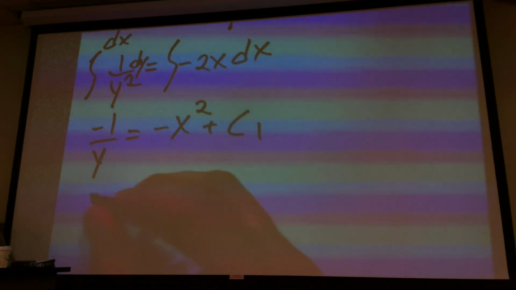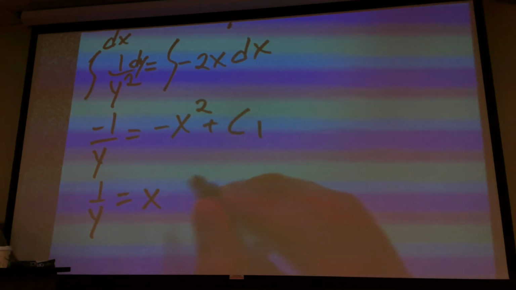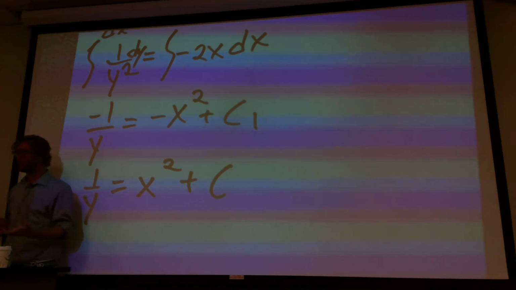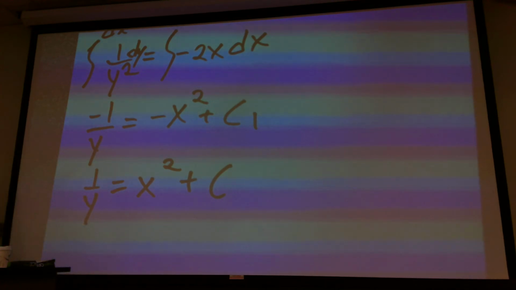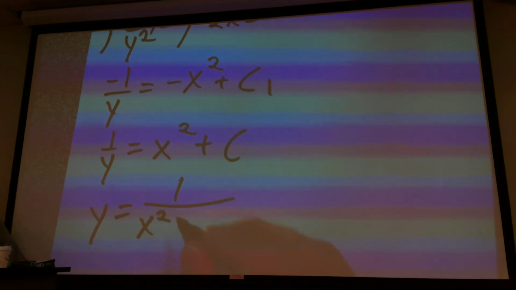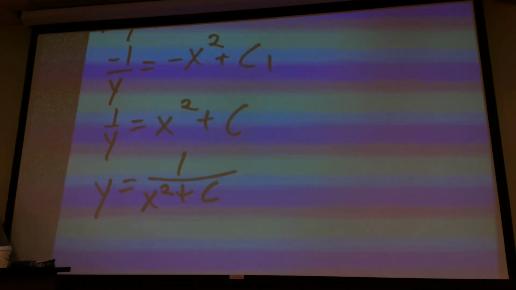So we have 1 divided by y is going to equal just x squared plus c. That's the only reason I wrote a C1 on there, because you could write negative C1, but let's change it to a different C. All right. So y is going to equal 1 divided by x squared plus c.